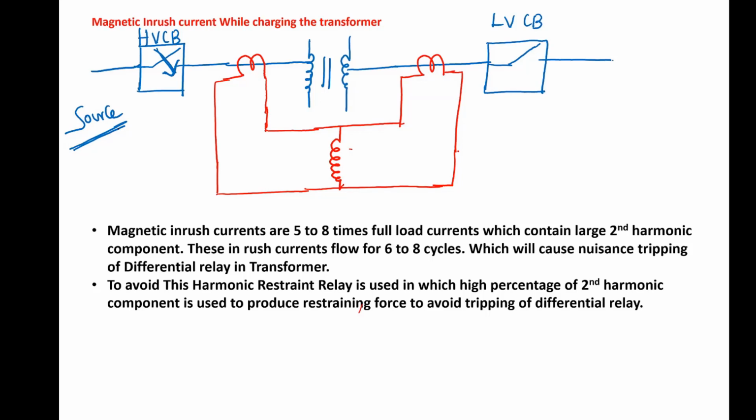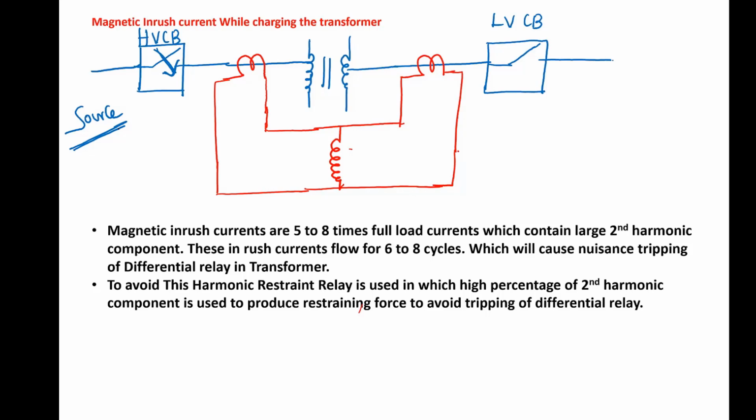Now, the current that initially flows through the transformer to create the magnetic field in the core is called magnetic inrush current. Once you charge the transformer for the first time, or after a repair, or after not using it for a very long time, initially the transformer will take magnetic inrush currents to create the magnetic field in the core.